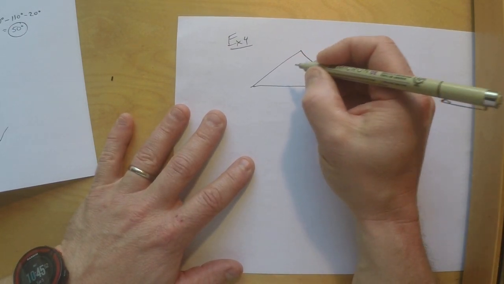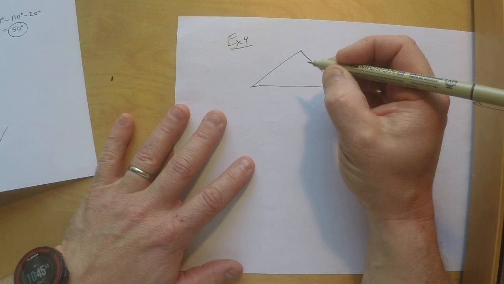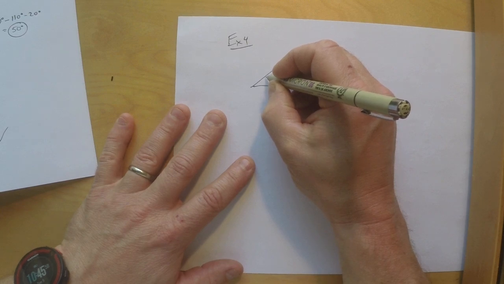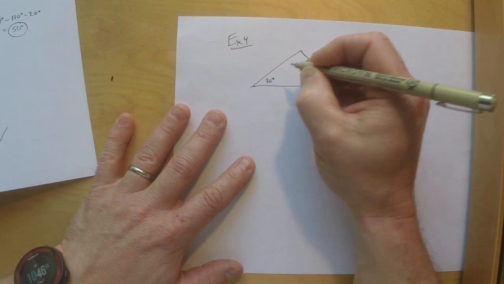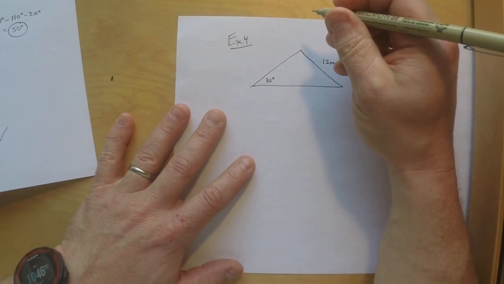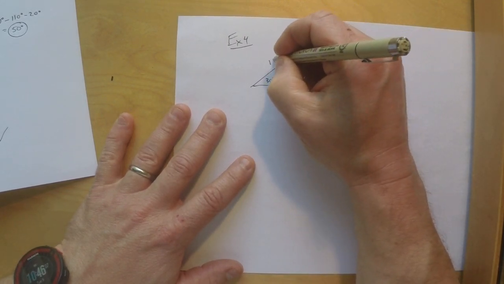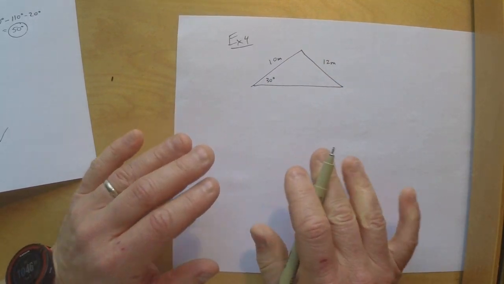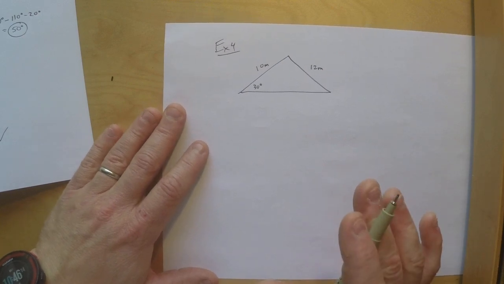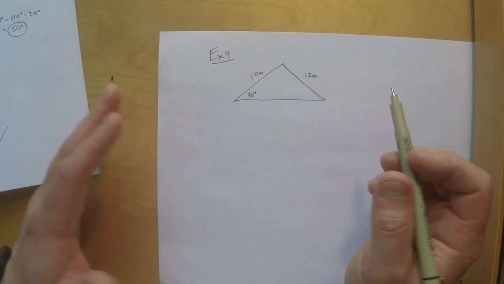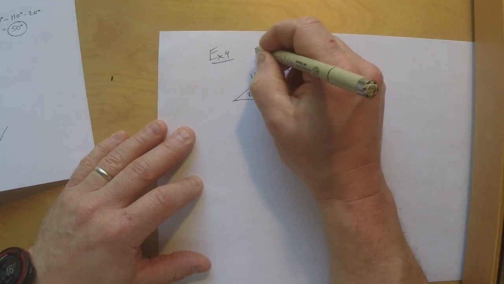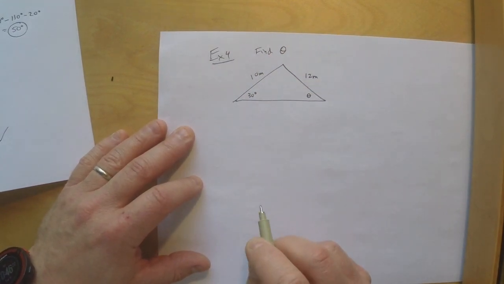So let's say this is 30 degrees, this is 12 meters, and you also know this is, say, 10 meters.